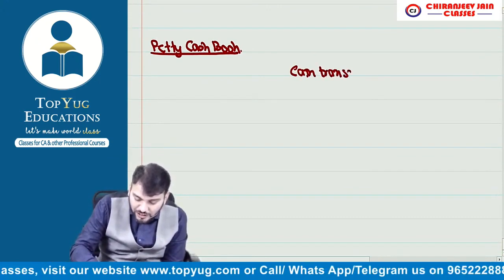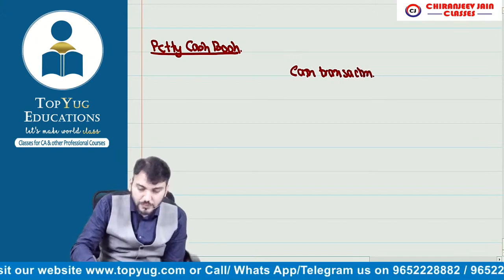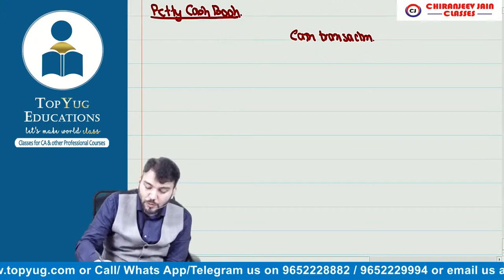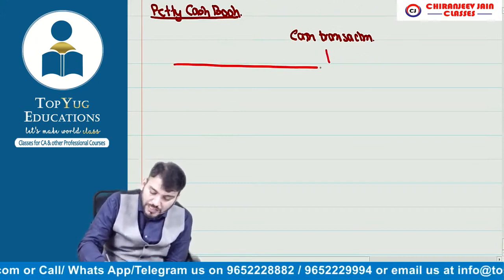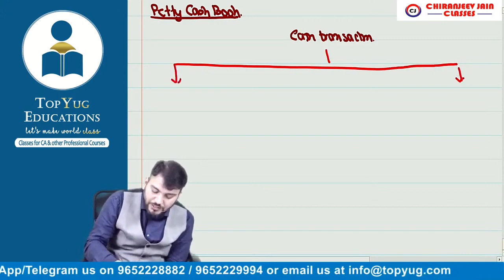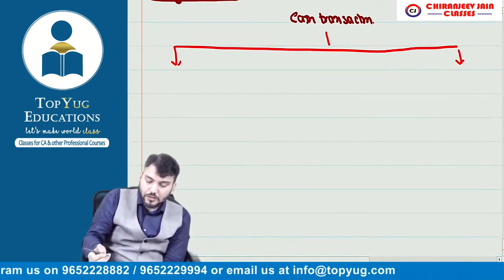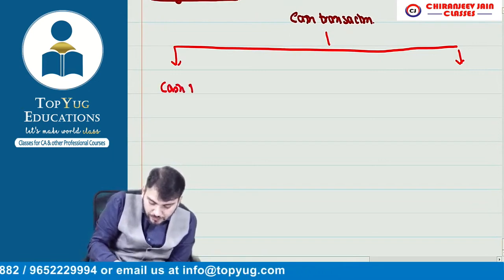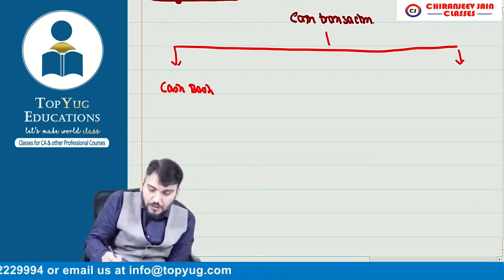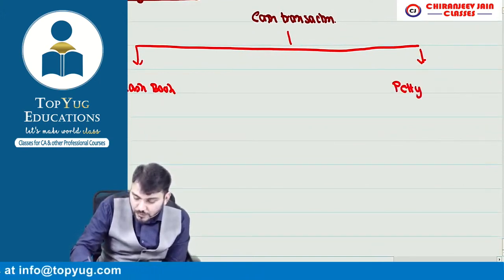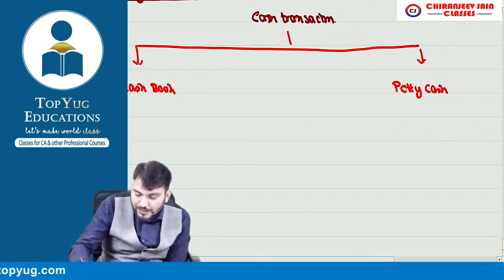for cash transactions normally we have two books. One is cash book and one is petty cash book.